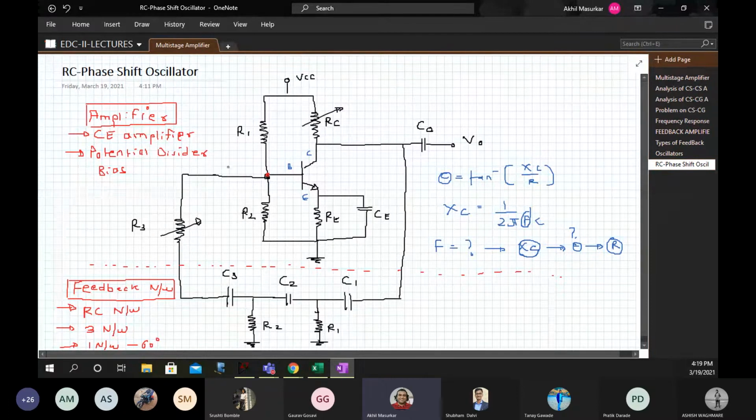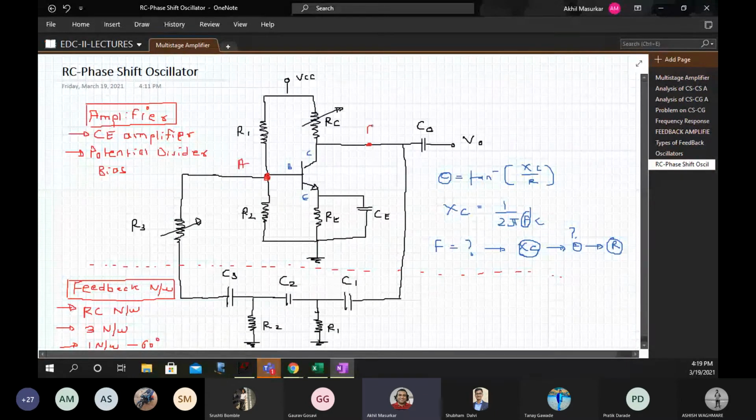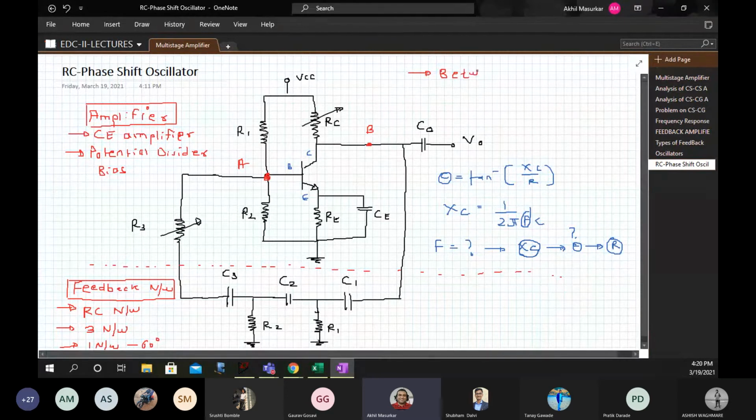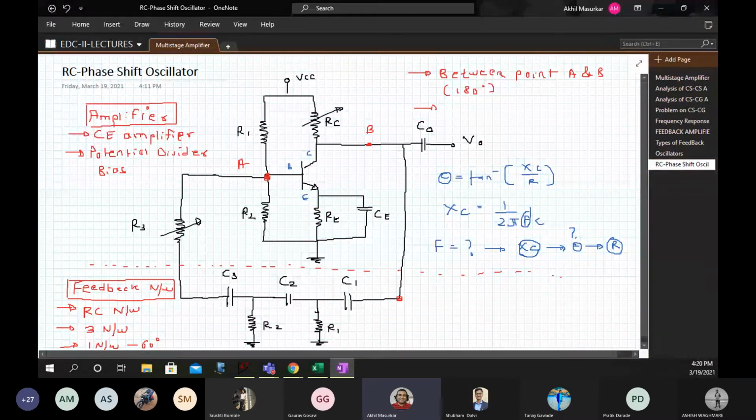Between this point and this point, I'll say between point A and B, the phase shift is 180 degrees through the amplifying network.